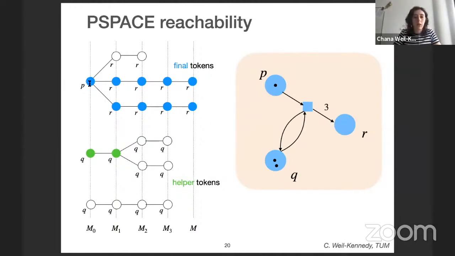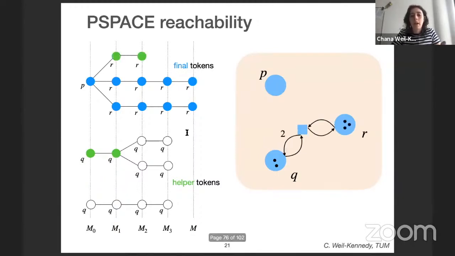For example, in this transition here, the token in P needs to observe that there's a token in Q to take the transition which puts 3 tokens in R. And so the fact that there's a token which is in Q in M0 and stays in Q until M1 allows this, it helps this transition to happen. For the second transition, it was an observation of a token in R which allowed a token in Q to split into 2.